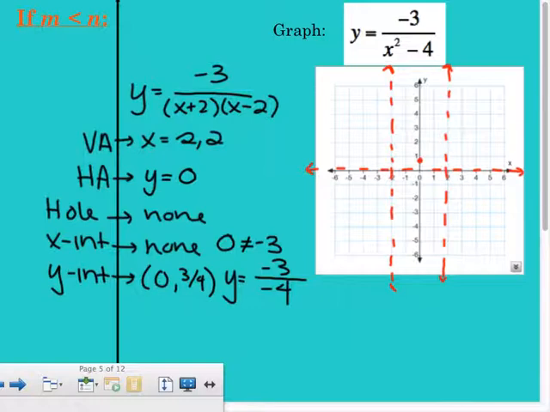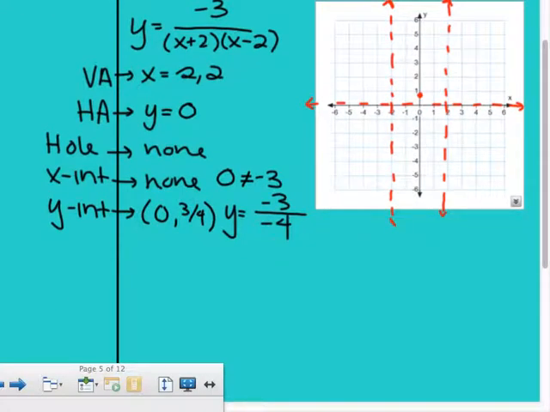So that doesn't really tell you what the graph looks like. So you need to go back and make a t-chart and pick x values to plug in. So my hint to you is to pick x values to the left of the vertical asymptote, in the middle, and to the right, because you know you're going to have a branch in all of those spaces as you saw in your graphing calculator.